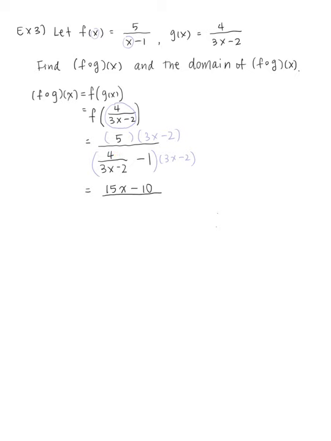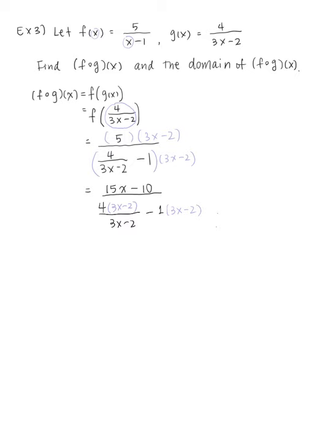Here, I'll just write every step out. If I distribute that, then here you're going to have 4 times 3x minus 2, all over 3x minus 2, and then minus 1 times 3x minus 2. You don't have to write this step out. All I'm trying to do is show you how to do this step by step.